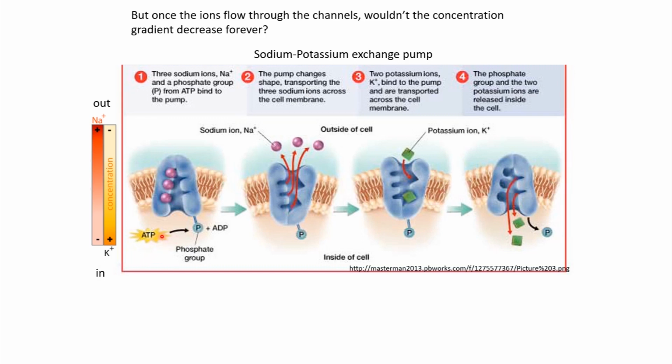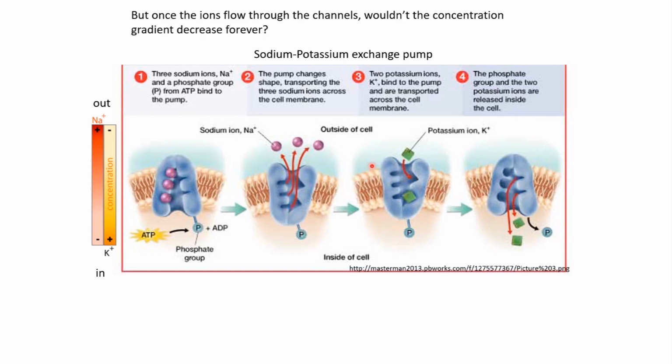So a phosphate from the ATP group binds to this protein, the pump, and 3 sodium ions also bind to it. And with the binding of this phosphate group from the ATP, the configuration of this protein changes, and it opens up towards the outside and throws out the sodium ions.